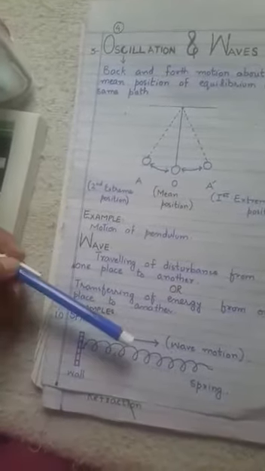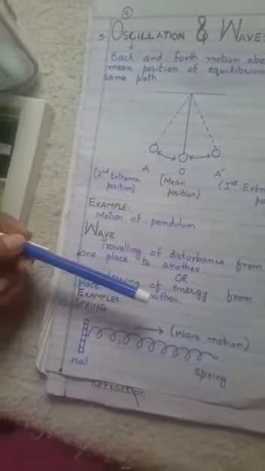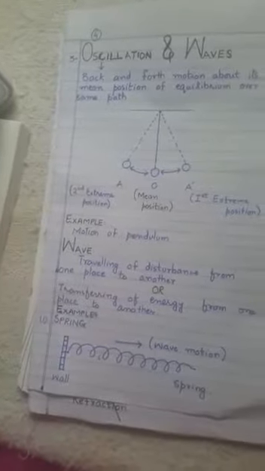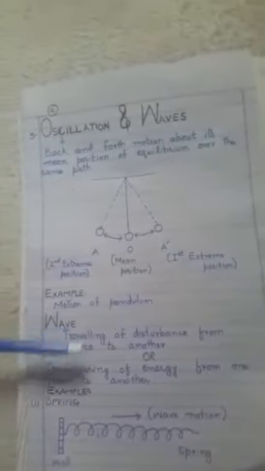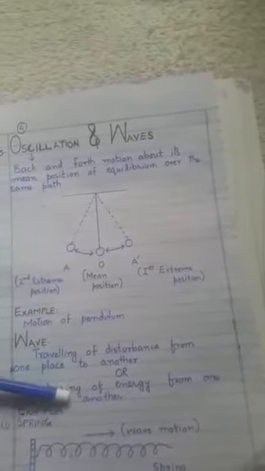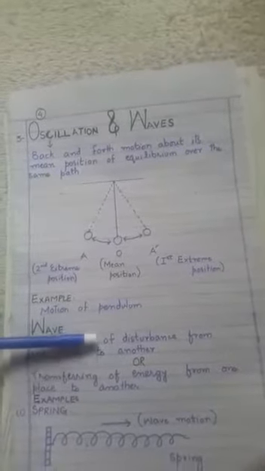He produces sound energy, and the listener listens, so he will also take sound energy. Okay, so in wave, energy transfers from one place to another place, or it is the traveling of disturbance from one place to another place.